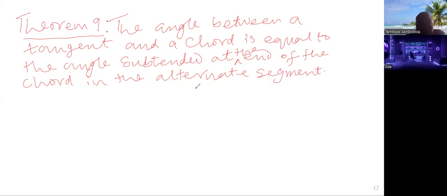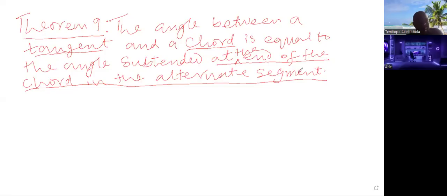At the end of the chord in the alternate segment. I want to underline keywords here. The angle between a tangent and a chord is equal to the angle subtended at the end, keyword, at the end of the chord in the alternate segment.